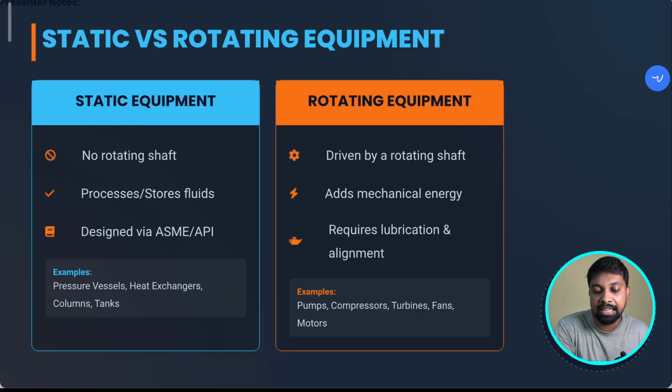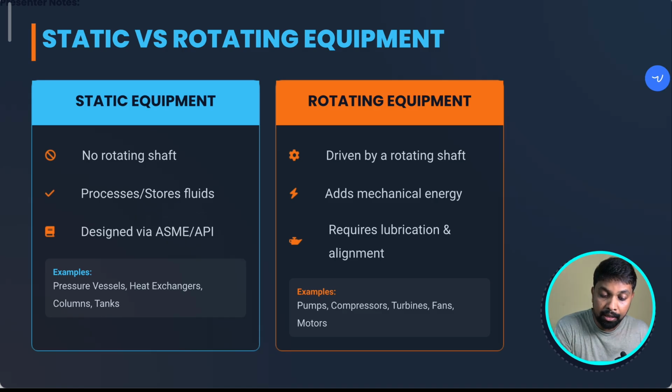So here I have a separate slide for the difference between static and rotating equipment. Static equipment doesn't have any rotating parts, but rotating equipment has some rotating parts. It must be driven by a motor or by an engine. Static equipment holds the process and also stores the process fluids, but rotating equipment adds mechanical energy into the particular equipment.